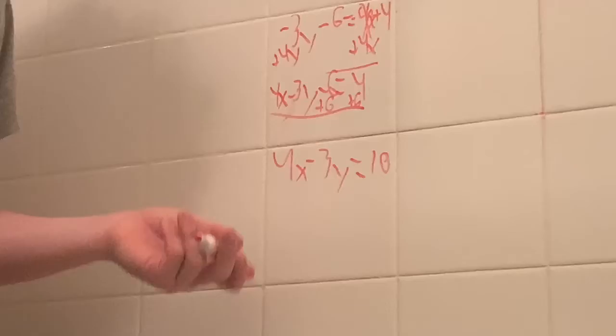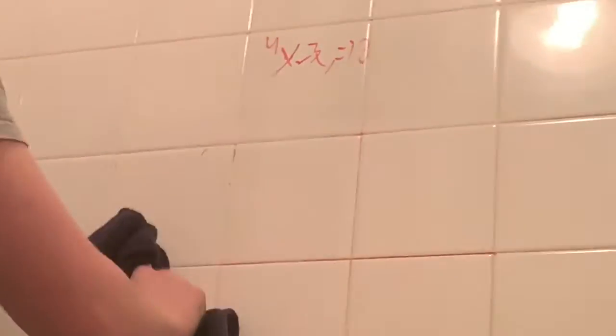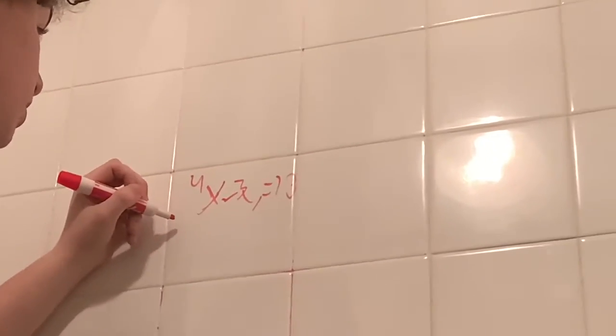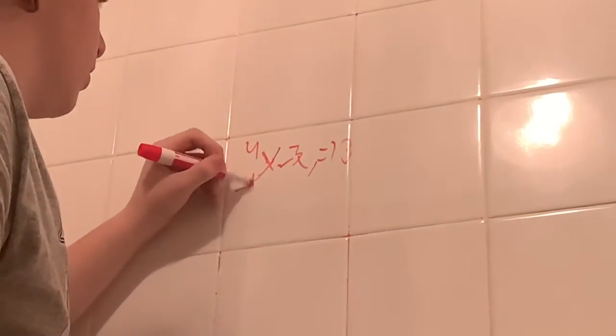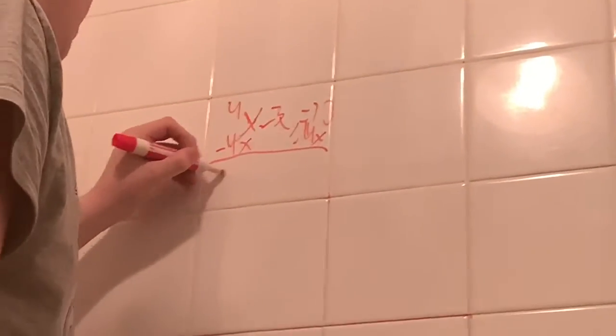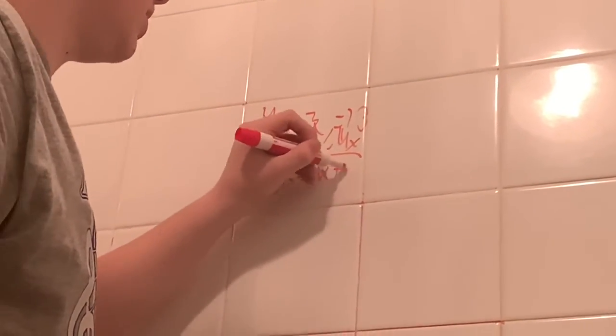So let's say we have our 4x minus 3y equals 10. Okay, so let's say we want to get to the y-intercept form from there. First things first, you subtract the 4x, minus 4x, minus 4x, so that makes -3y equals -4x plus 10.